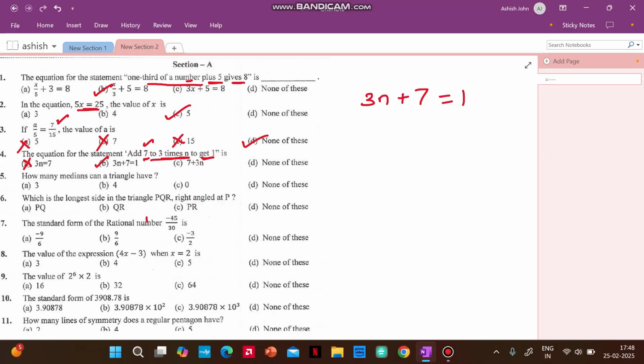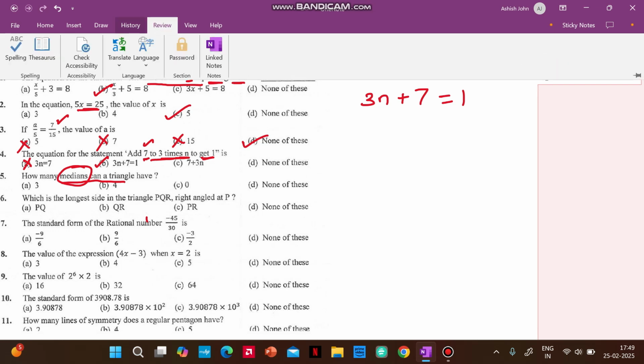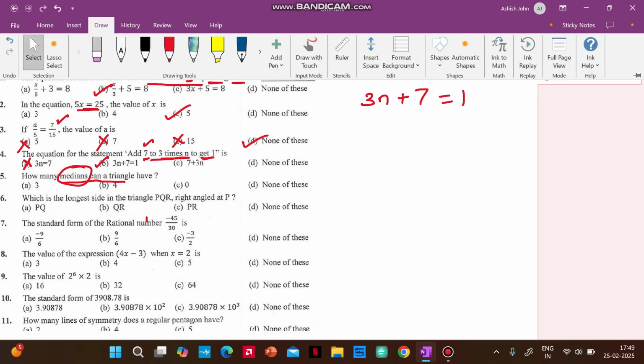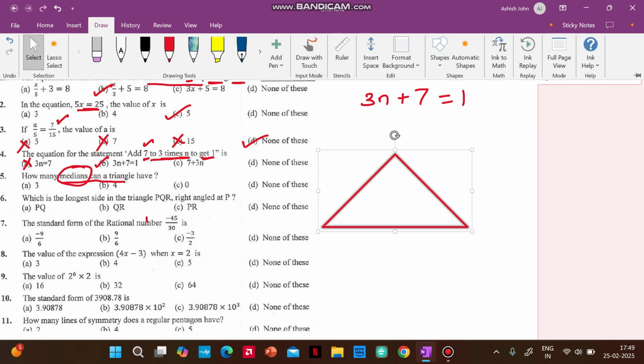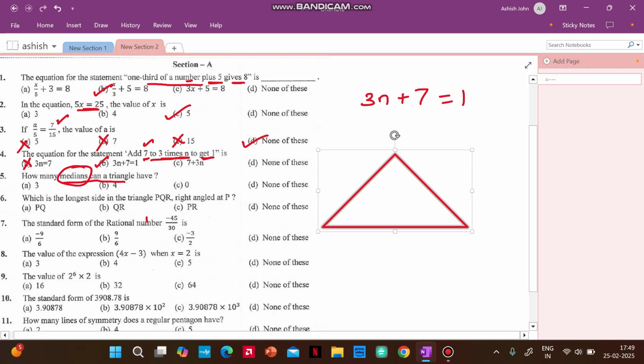Next question is how many medians can a triangle have? Median means a line segment that connects a vertex to the midpoint of its opposite side. So how can we say that? Suppose this is a triangle. From one of the vertices, suppose from this vertex, we connect the midpoint of its opposite side.